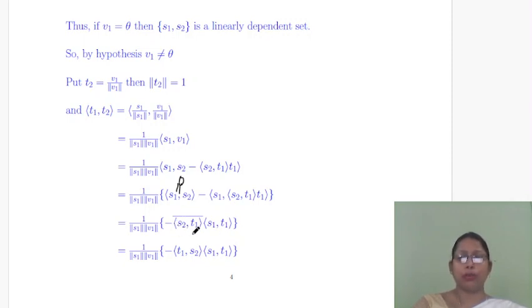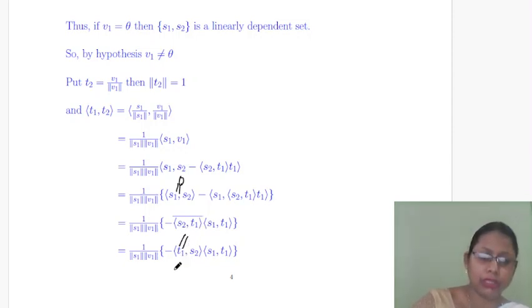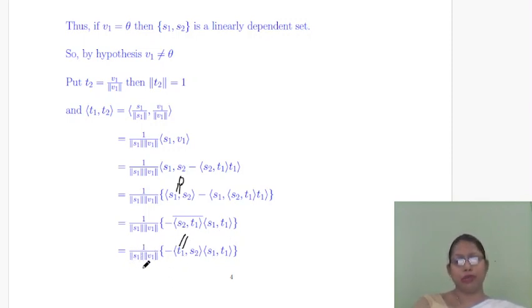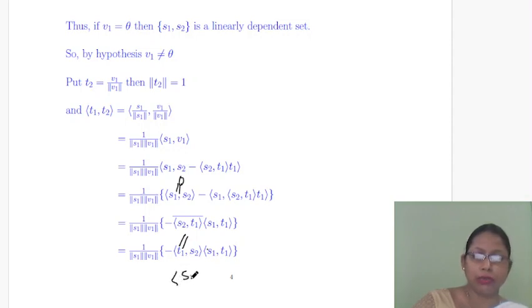The conjugate of the inner product of S2 T1, by using the property of inner product space, is equal to this one. So in the next step, it is 1 by norm of S1, norm of B1, minus inner product of T1 S2, inner product of S1 T1. In the next step, put the value of T1, you will get this one.